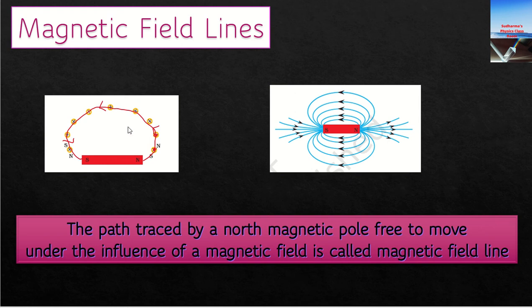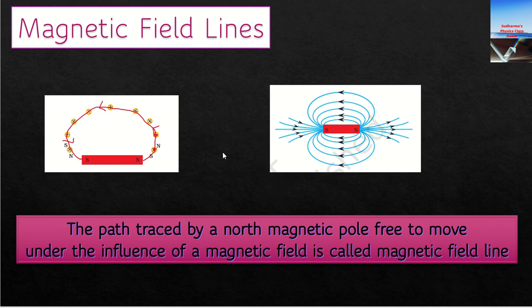So which was the north magnetic pole free to move? The compass needle's north pole we have chosen here, right? For the experiment, we have taken the north pole of the compass needle. We were following the path of the north pole of the compass needle. So that was moving under the influence of the magnetic field of this bar magnet. So we could plot the magnetic field of this bar magnet.